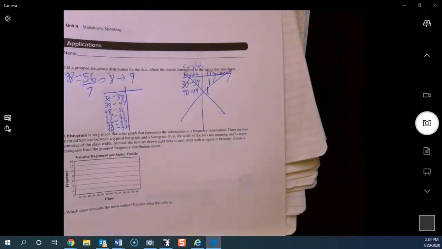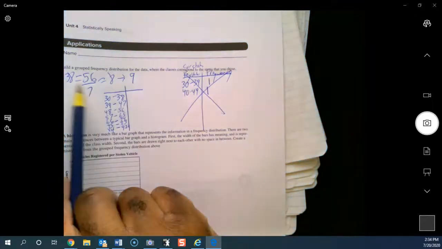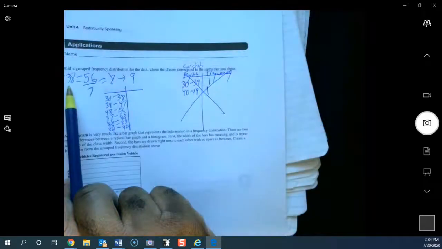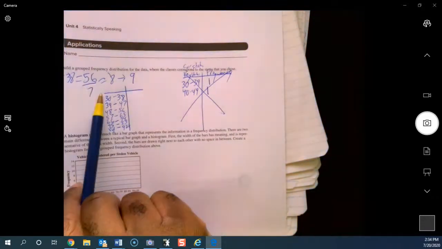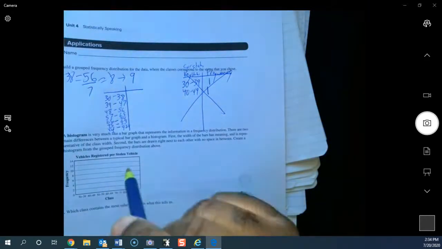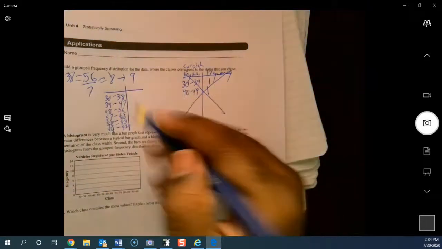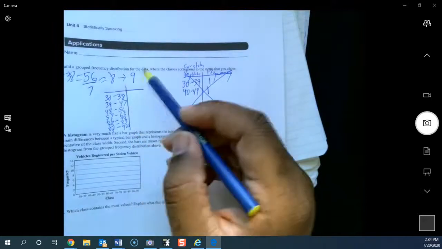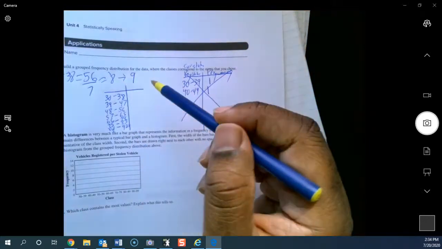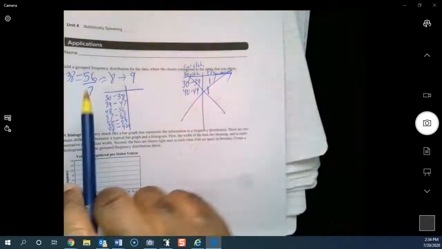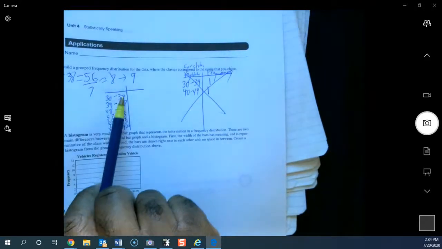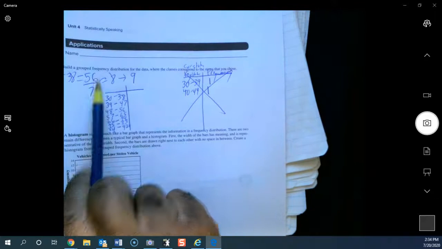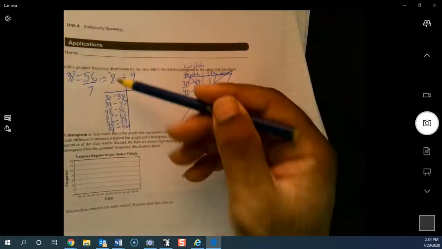So let me go back here with this. 94 minus 38 is 56. So basically, when they ask us to build a group frequency distribution, 9 is not going to work because 56 divided by 7 gave us 8.